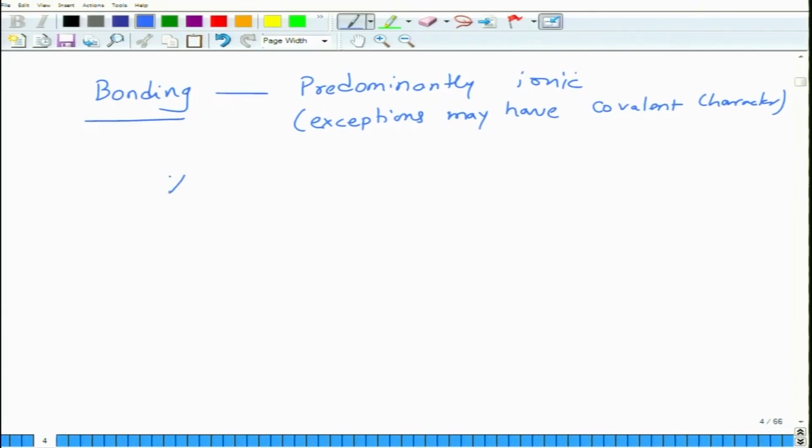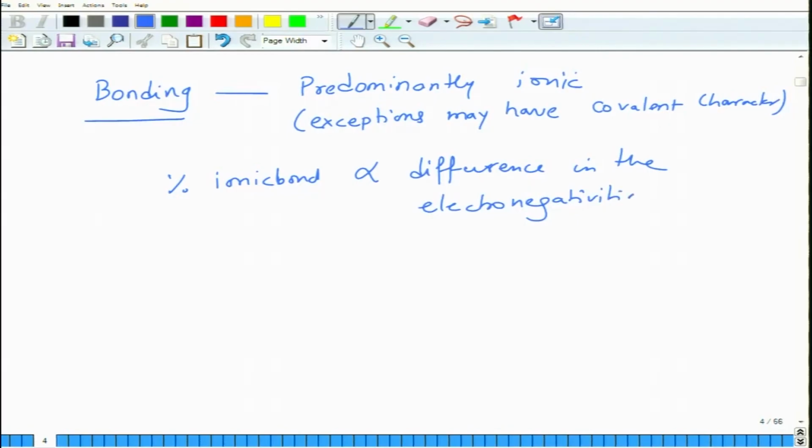So, the percentage ionicity of an ionic bond is proportional to the difference in the electronegativity of, let us say, A and X, where A is the cation and X is the anion.